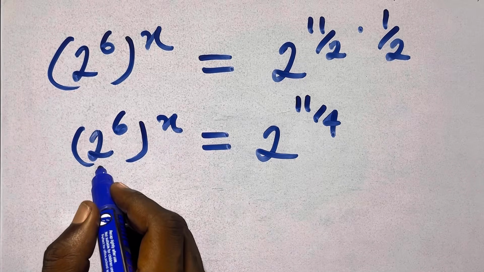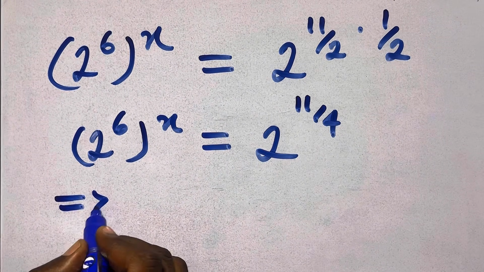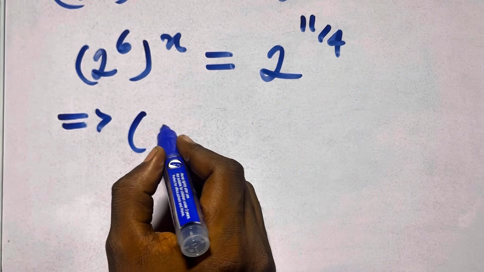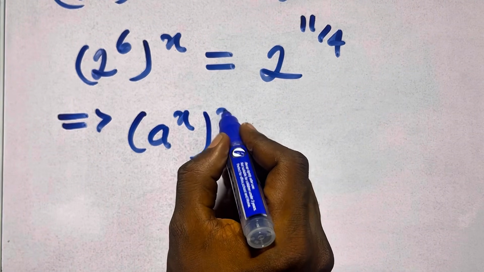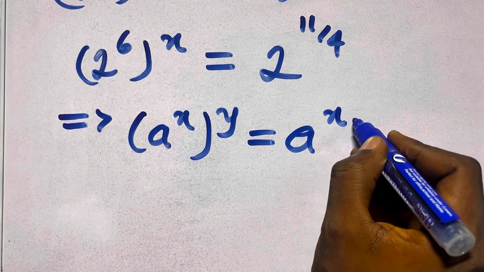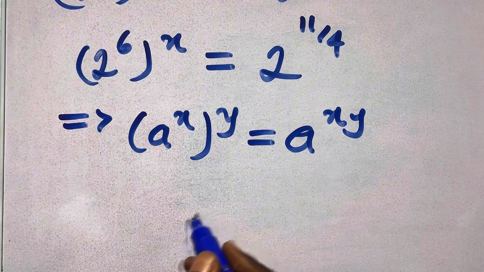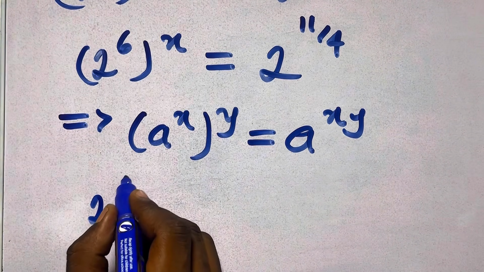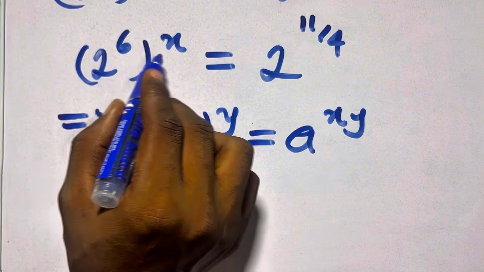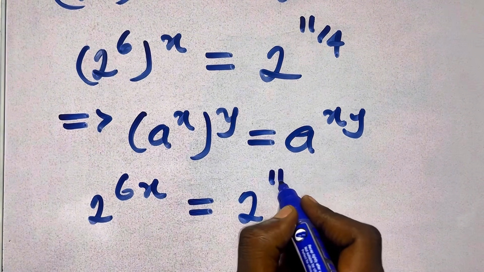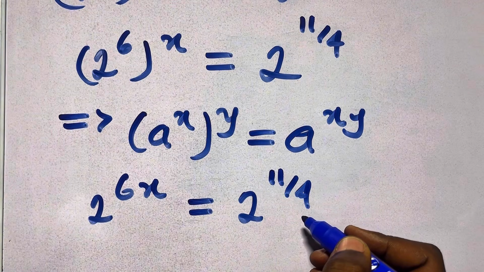Let's recall that a raised to power x, then raised to power y, equals a raised to power xy. Applying that, we have 2 raised to power 6x equals 2 raised to power 11 over 4.